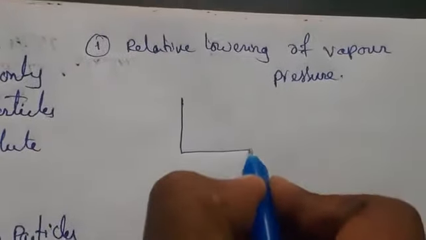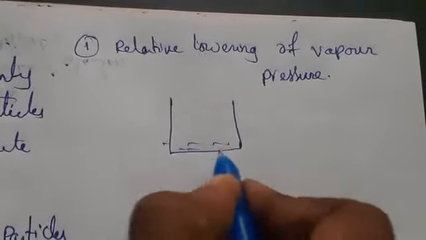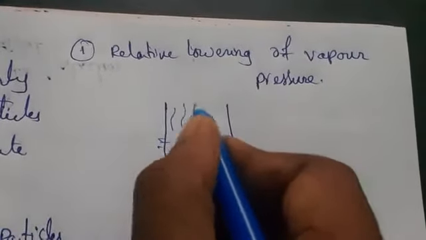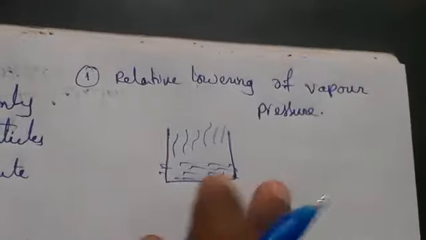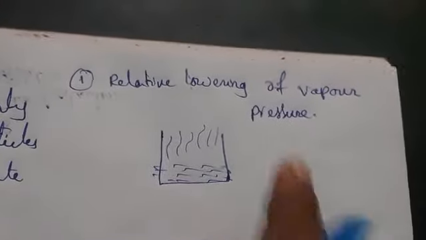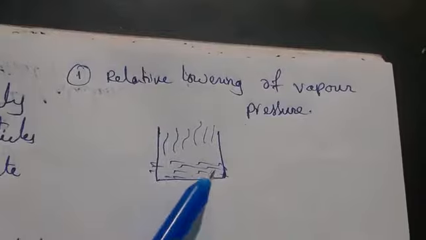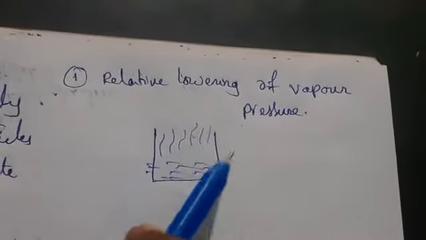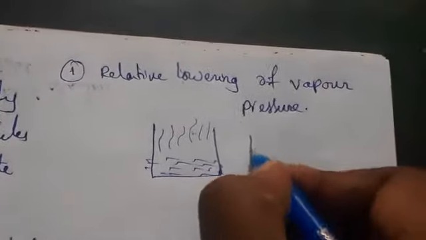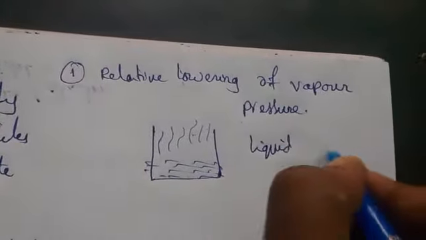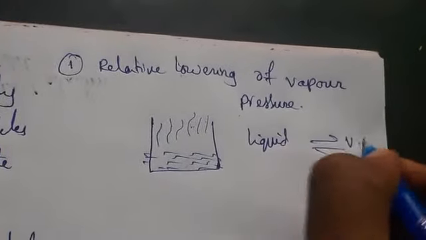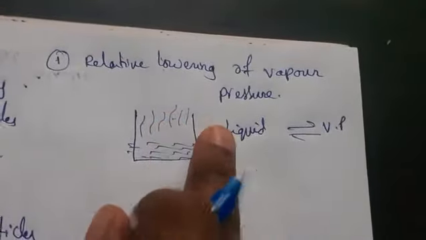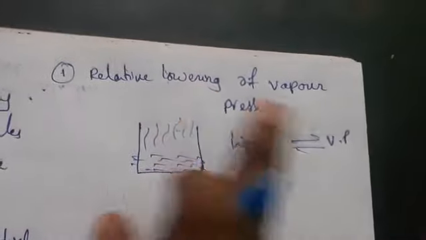When you take water in a beaker and heat it, the vapors come out, which is in equilibrium. The water is not completely converted into vapor, so sometimes the vapor will again turn into liquid. The pressure exerted by the vapor over a liquid, we call vapor pressure.